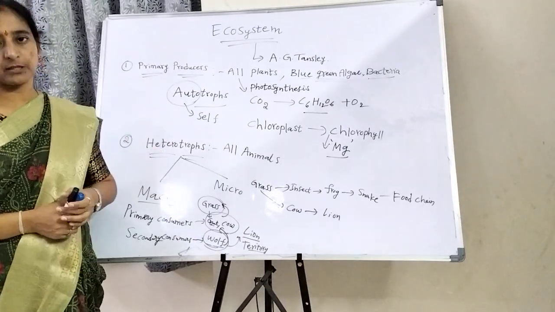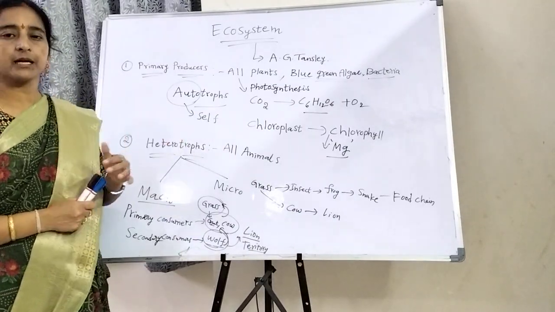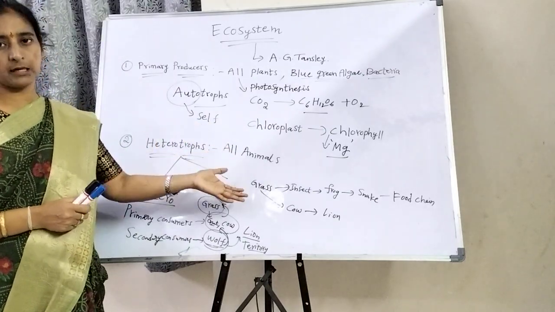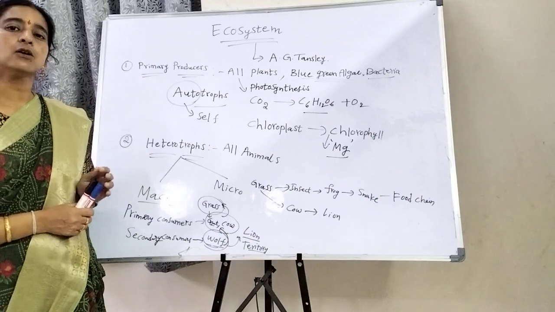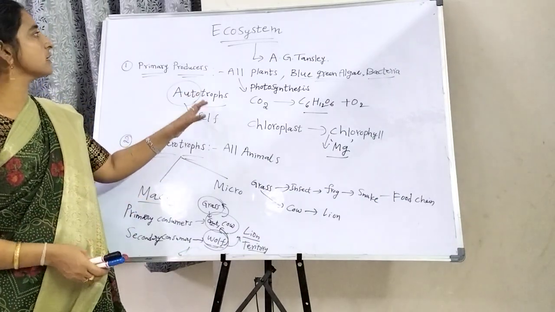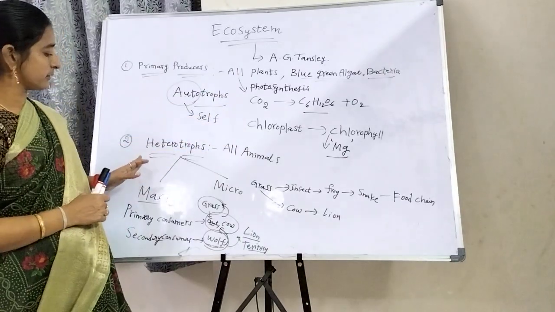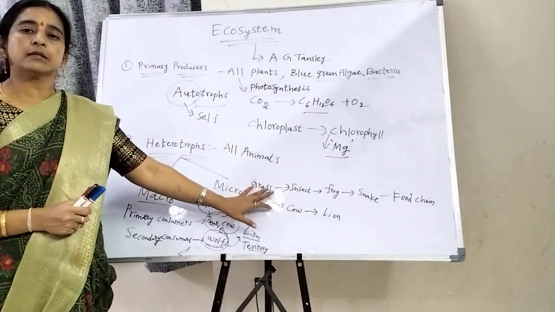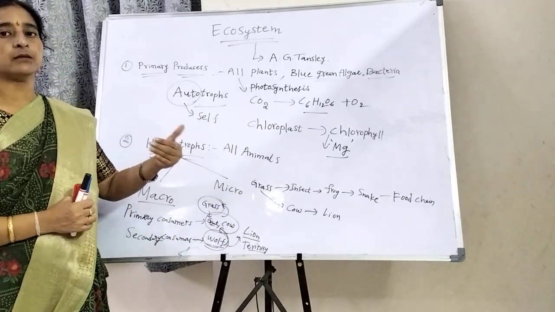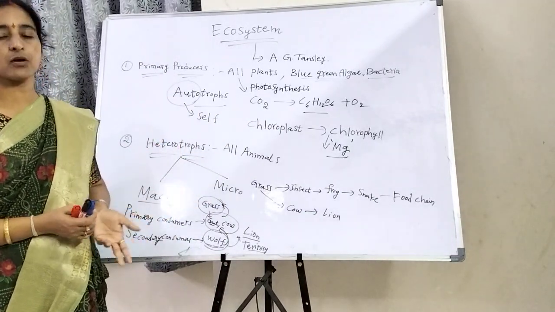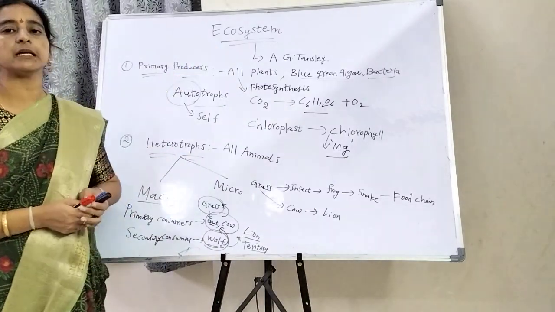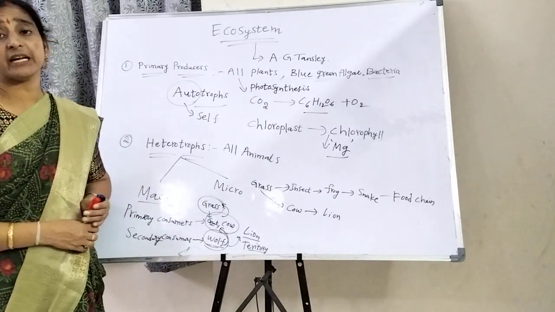Microarthropods are very important microorganisms present inside the soil, that is Daphnia and Cyclops. These are related to detritus, also called detritus nutrification. This ecosystem is very important in nature.